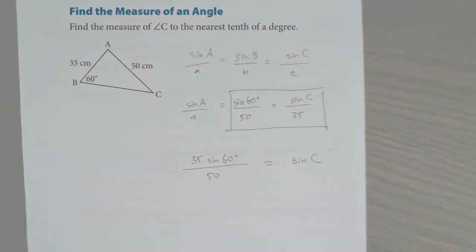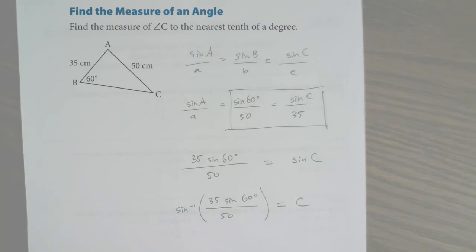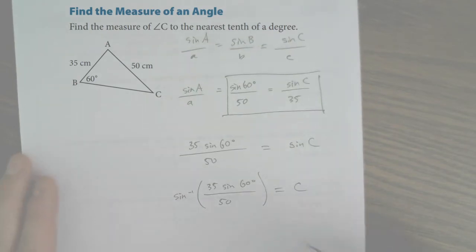And this is the sine of C, which is a ratio. It's not an angle, but we want to get the angle. So to do that, we're going to take the inverse sine of both sides of the equation. So I take that whole thing, put it in inverse sine, and then that is my angle.